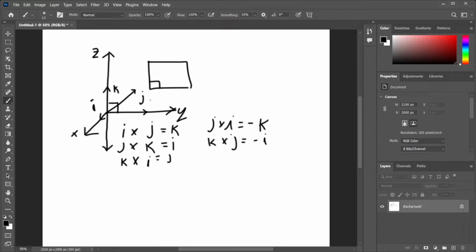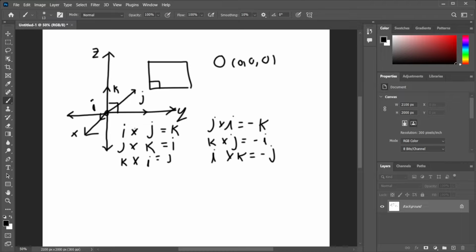And i times k equals minus j. You can see that we have all the axes on the same point that we call origin. We call it O, big O, with 0, 0, 0, origin.